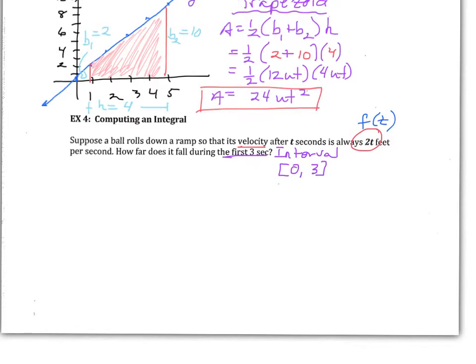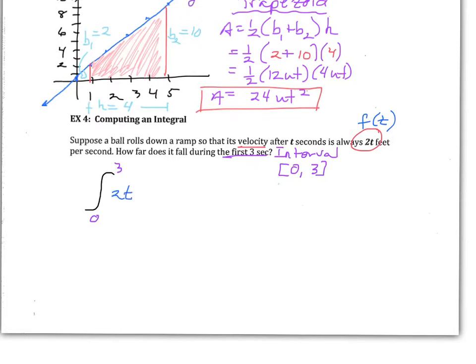So we're going to write our own integral. I have a really fun time writing those integrals, I'm being facetious. Looks like an S. Well, not bad, third time today, doing well. All right, our interval always goes from low to high. So our low number on the interval is 0 and our high number is 3. So that's our a and our b. Then our function is our f of t, and our f of t is 2t.